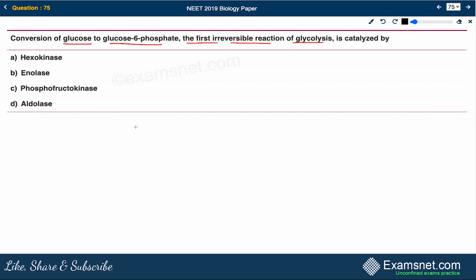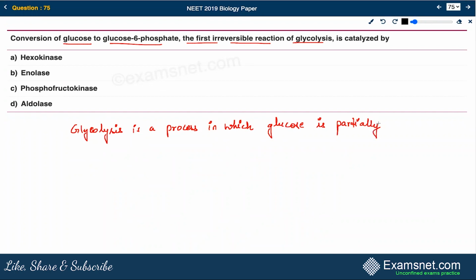Now, let me tell you that glycolysis is a process in which glucose is partially oxidized to 2 molecules of pyruvic acid. Clear? So this is the definition.